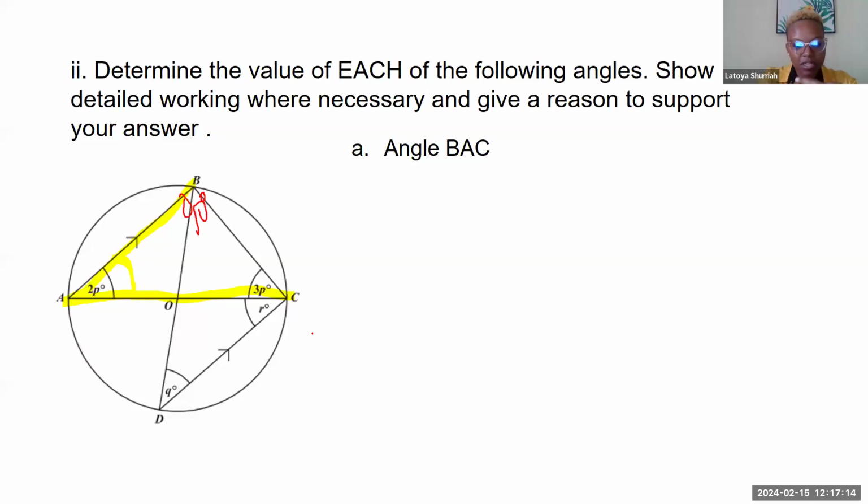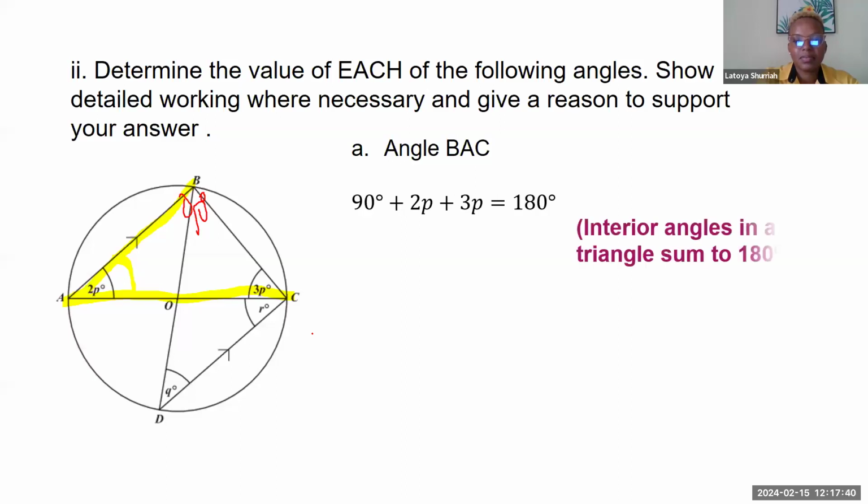All right, continue with the third process. So I can say 90 degrees plus 2p plus 3p equals 180. And we can carry over the 90, or subtract 90 from both sides. Thank you very much. And that will leave you with 2p plus 3p equals 90. All right.